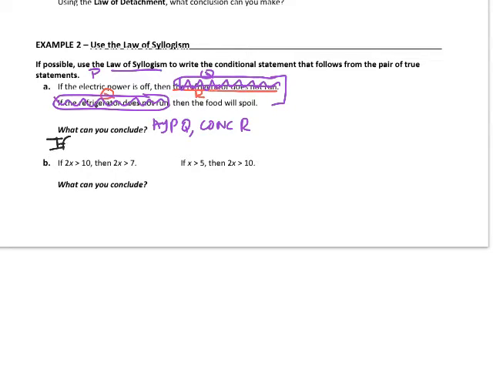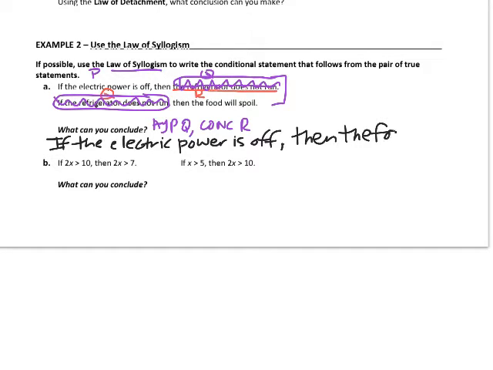If the electric power is off, then the food will spoil.